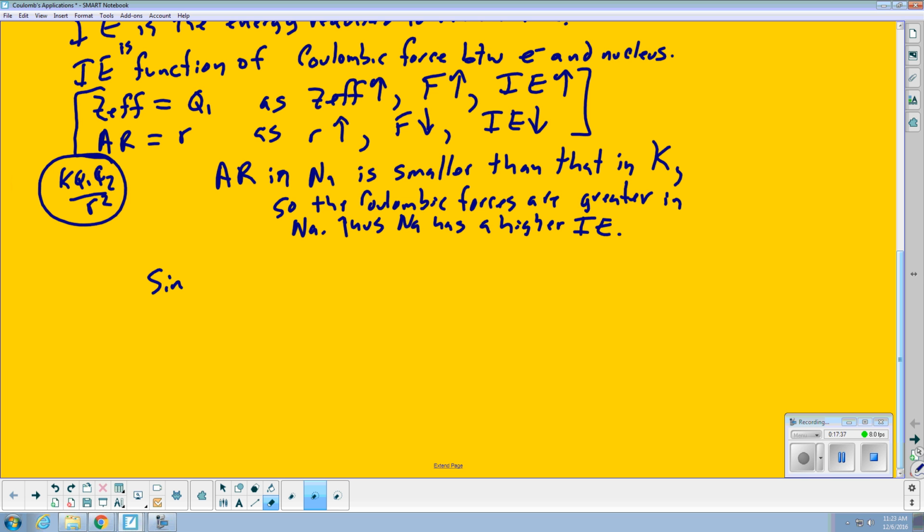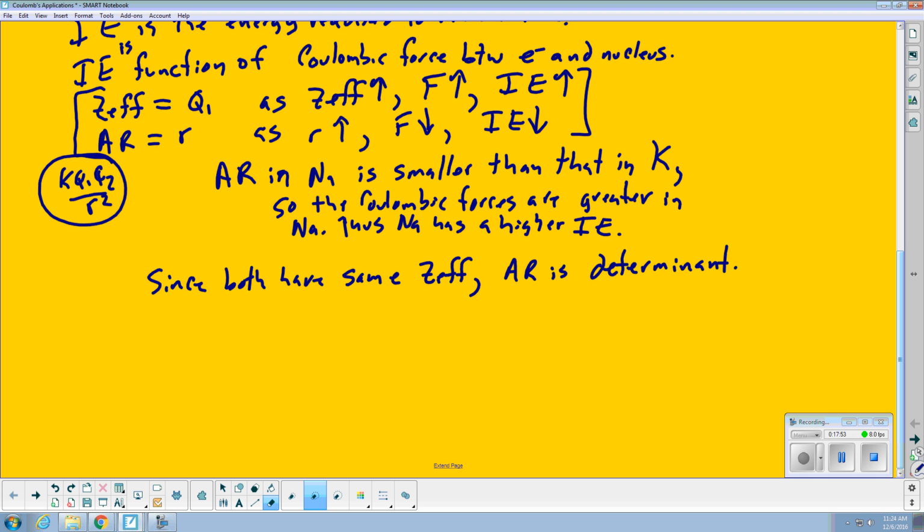So since both have the same Z effective, the atomic radius is determinant. It's going to cause the change, right? As atomic radius decreases, Coulombic attraction does what?